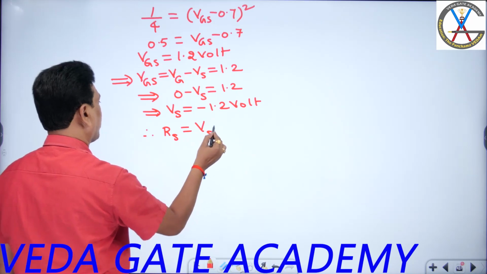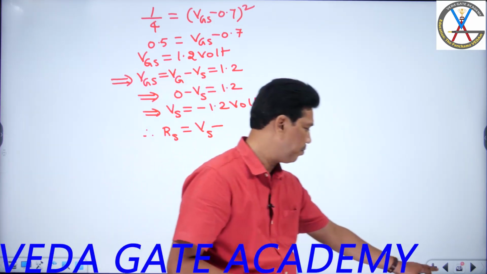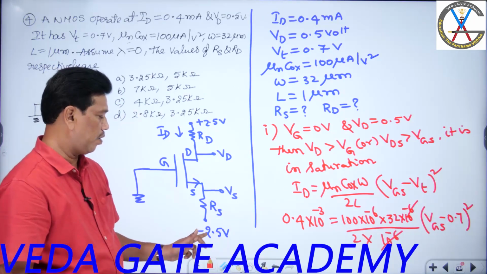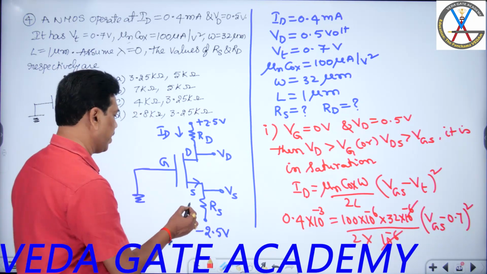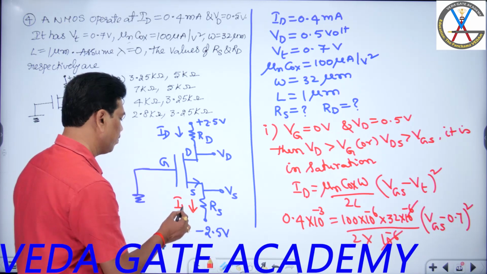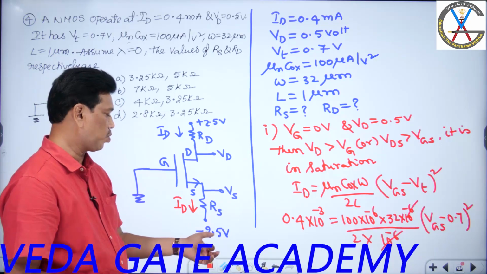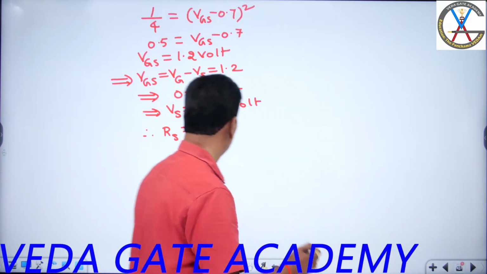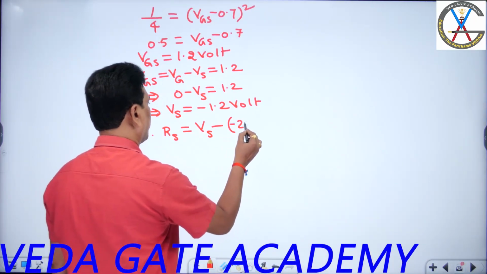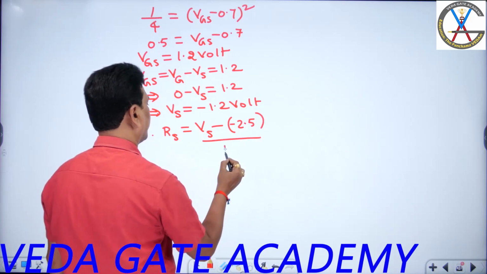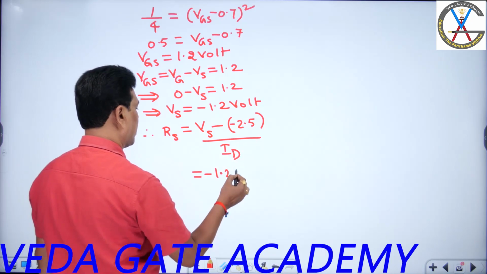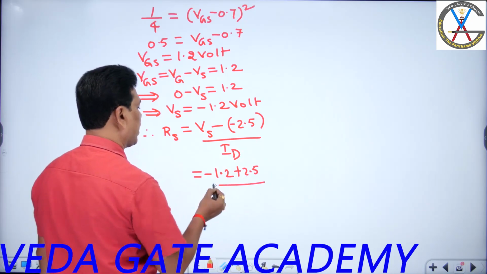RS equal to, from your diagram, VS minus of minus 2.5 by ID, since the same current ID flows. That is minus 1.2 plus 2.5 by ID, sir.